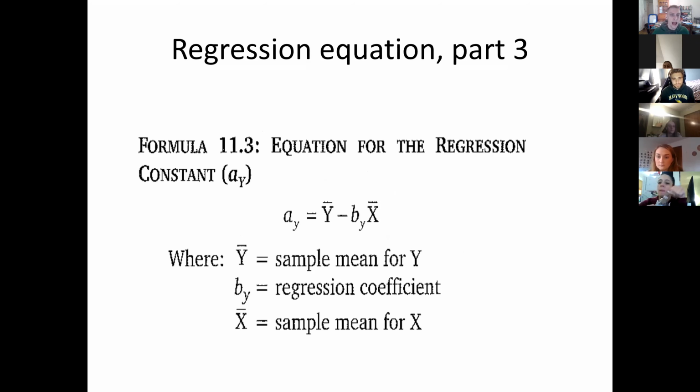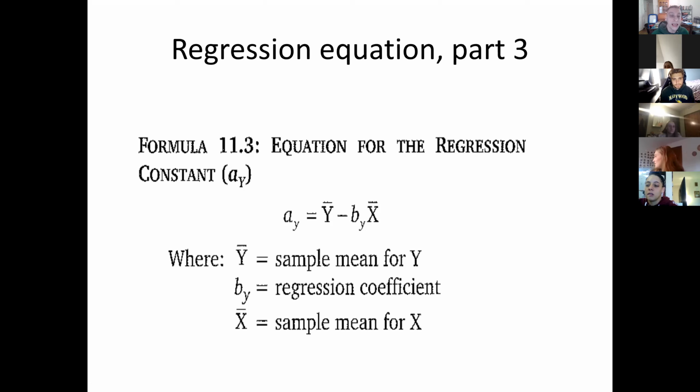And then you have the constant, which is a here. Now, the way that the constant is found, it's the average of y minus the beta weight times the average of x. The constant is on the regression line, the place where the regression line intercepts with the y-axis.